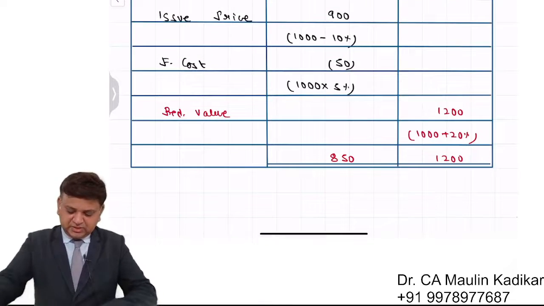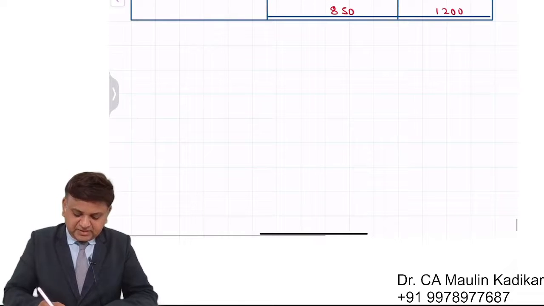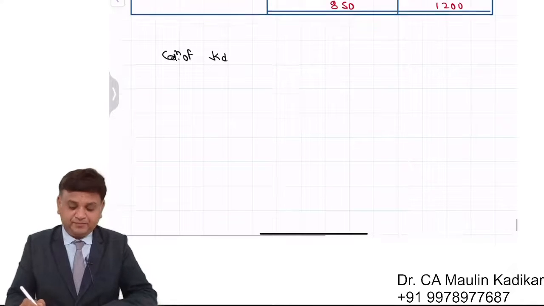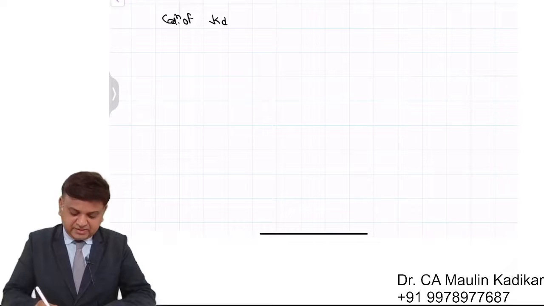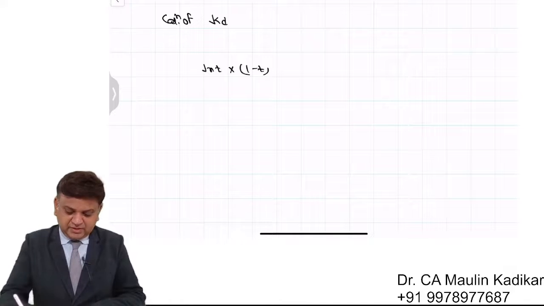Now, dear students, let us understand how to make the calculation of the answer. See, understand carefully. Calculation of cost of debt financing. The formula will be like this. Interest into 1 minus tax rate. See, what is the face value of the security?